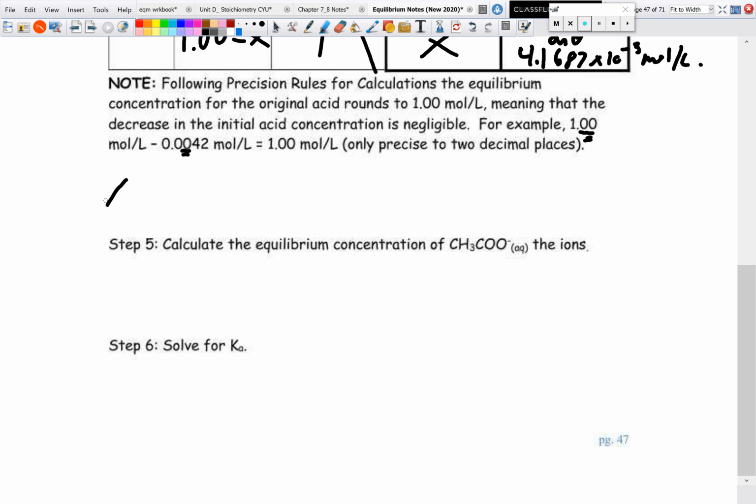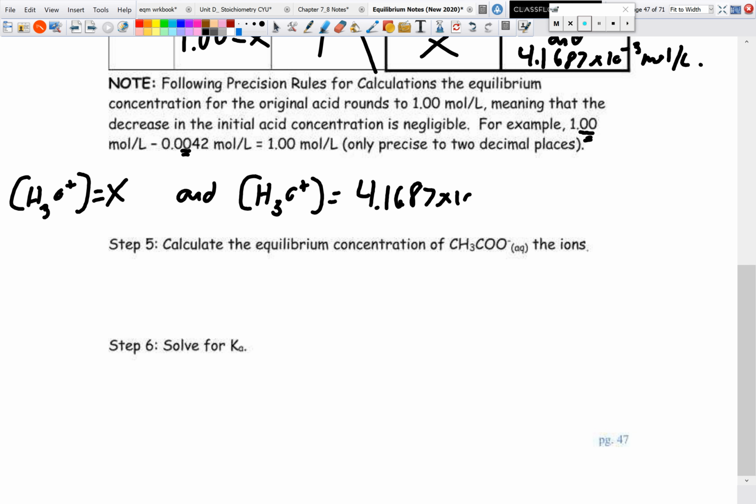So we know x, so we equate two of our things, and we can say from our ice table that x is equal to 4.1687 times 10 to the negative 3.